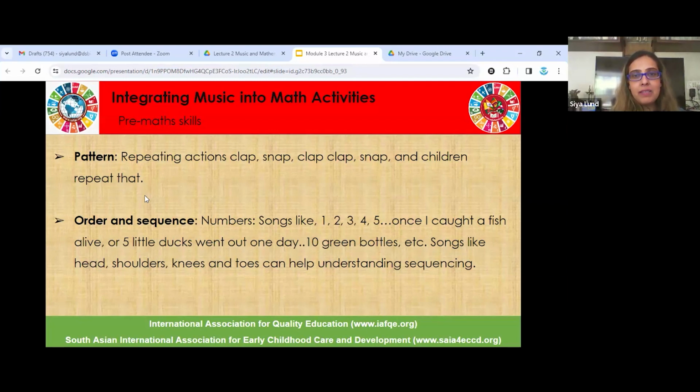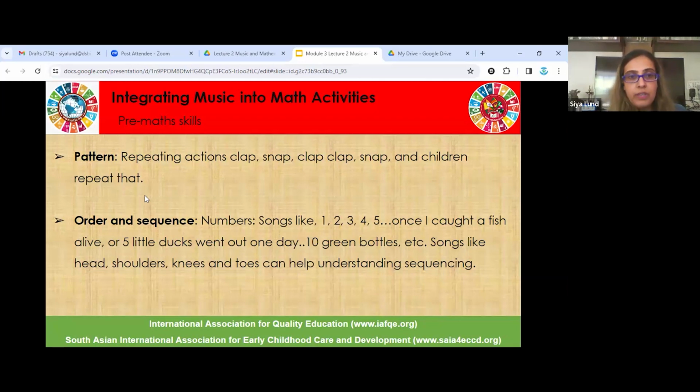I have some amazing thinkers in my class of 4-year-olds, and they come up with so many ideas and we just let it flow with that. So yeah, that's about pattern.